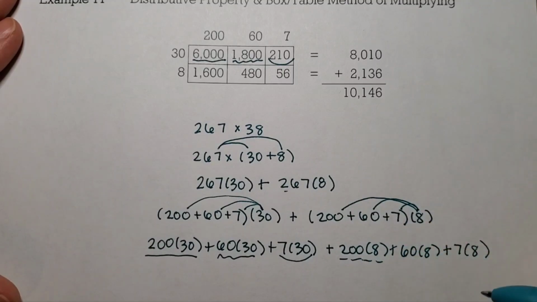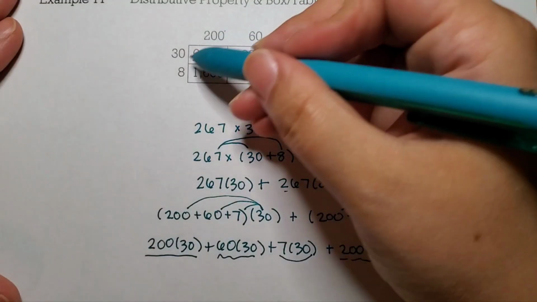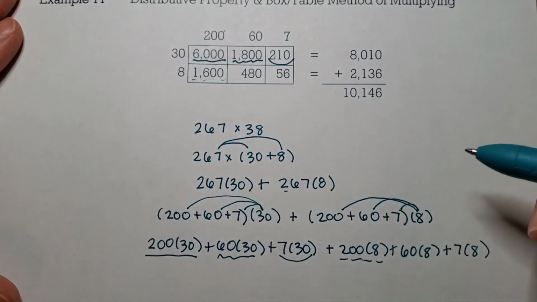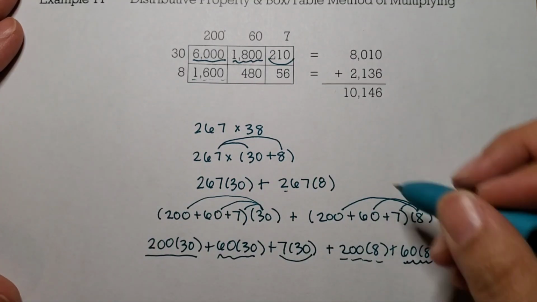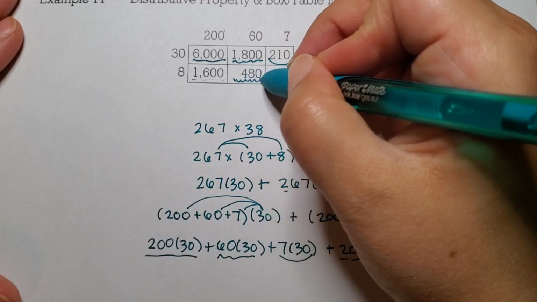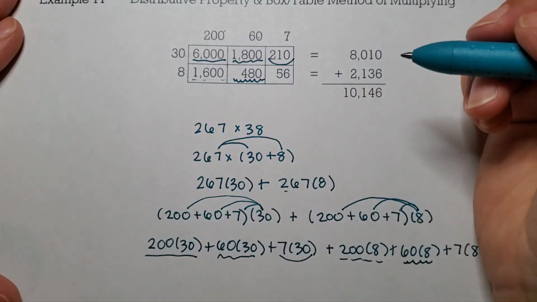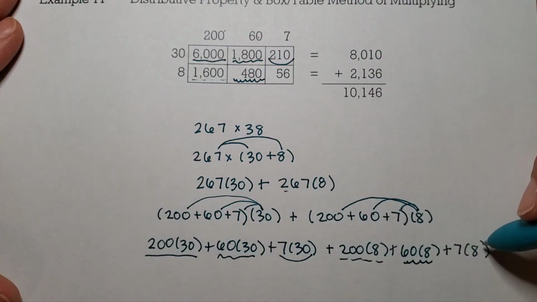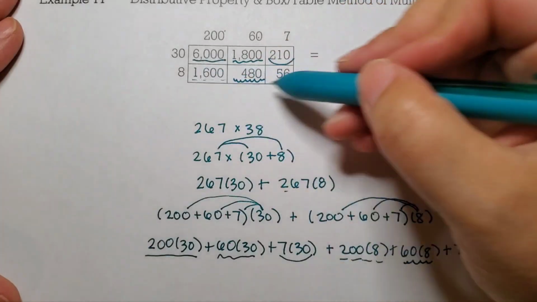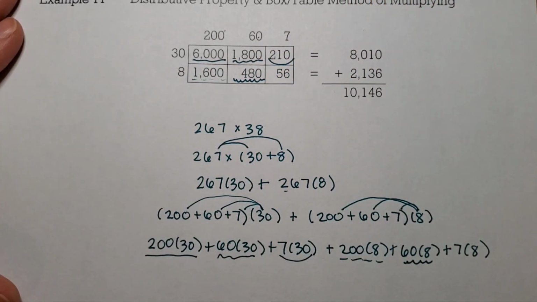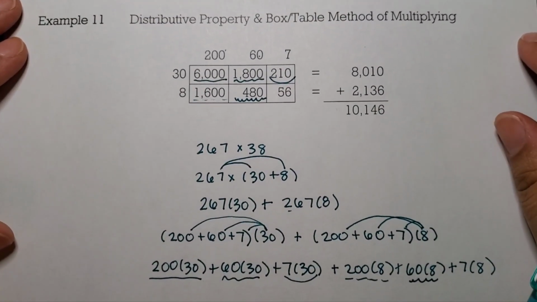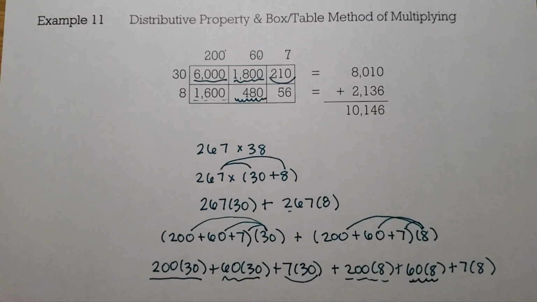Then we had 200 times 8, that was this box. 60 times 8, that's this box here. And then 7 times 8, that's this last one. And then here we added them all up. So we've secretly been already using this method in our method of multiplying large numbers without even realizing it.